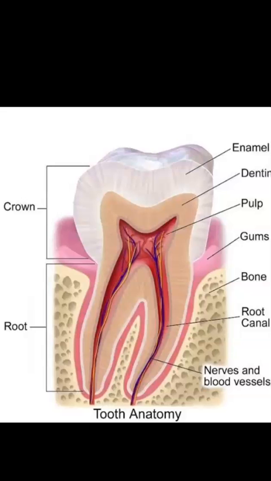I will repeat it again. Irrigants should have broad antimicrobial spectrum and high efficacy against anaerobic and facultative microorganisms organized in biofilm. Dissolve necrotic pulp tissue remnants. Inactivate endotoxin. Should be non-toxic, non-carcinogenic, non-antigenic. Should be able to disinfect and penetrate dentin and its tubules.